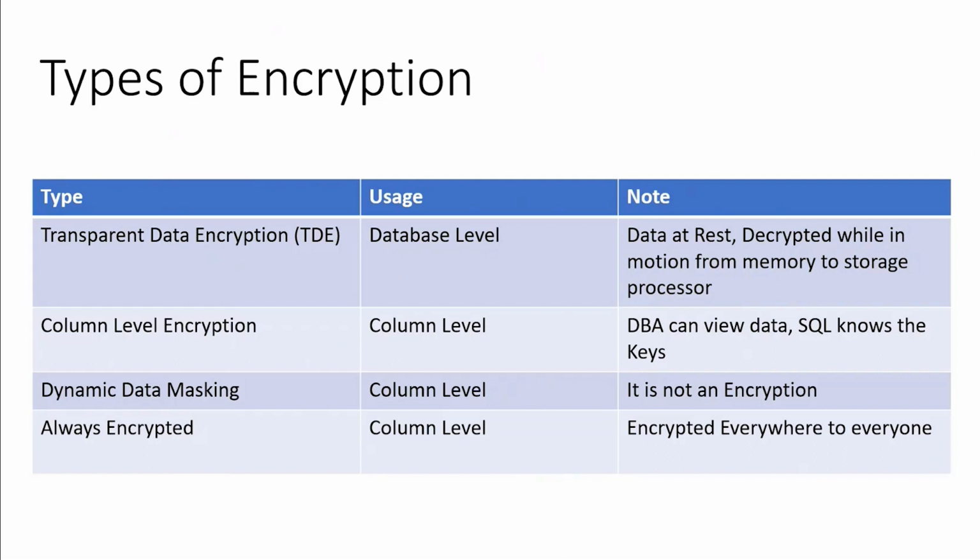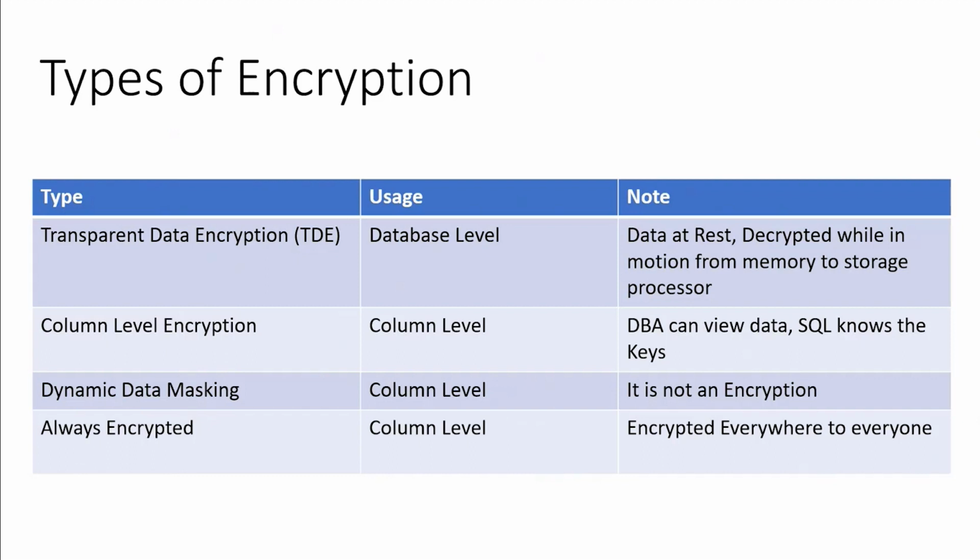So this one is handy where you have a not very strict policy, and you want to prevent the data from being viewable in the query window. But again, when the data is stored, it is totally in plain text. So if someone finds our data storage location, they can easily see everything. And the other one is Always Encrypted, which we are going to talk about today. It's encrypted everywhere.